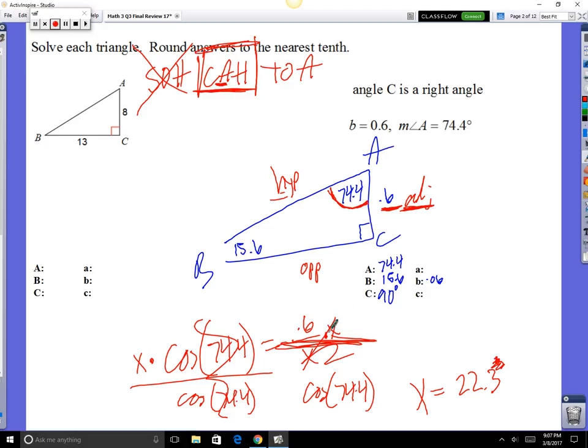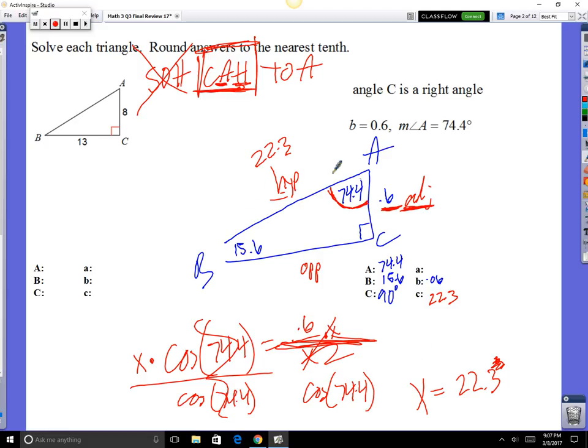So the piece we just found, we did cosine, so we just found the hypotenuse. So we just found this guy. This guy is 22.3 units long, and that is little c. So little c is 22.3. Oh, freak.